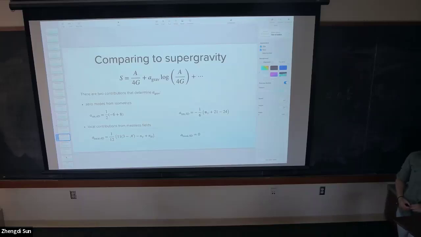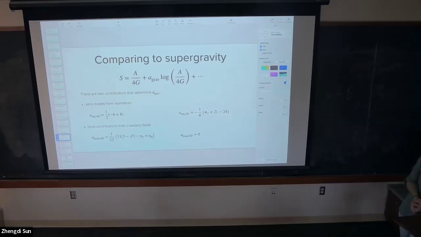In terms of A, they can still be exponentials, but they will be down by e to the minus A over 4G. You're saying there's no order one term? Right, but compared to the leading order term, that's exponentially suppressed. When you take the ratio of those two terms, you will find something that goes like e to the minus A over 4G.